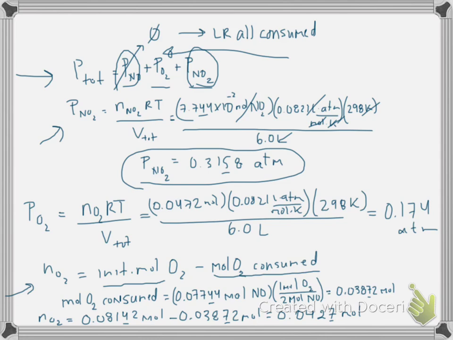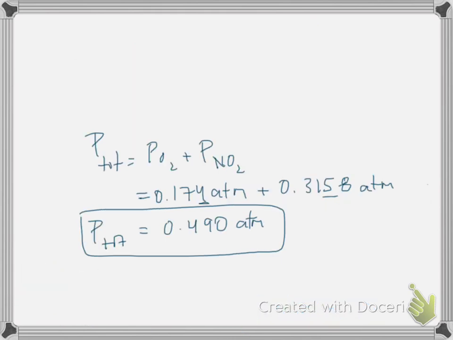The moles of NO that react, given the stoichiometric relationship between O2 and NO, tells us that 0.03872 moles of O2 are consumed. So we take the difference between the initial moles of O2 and the amount of moles of O2 consumed, and you'll get 0.0427 moles of O2 that will be remaining at the end of the reaction.